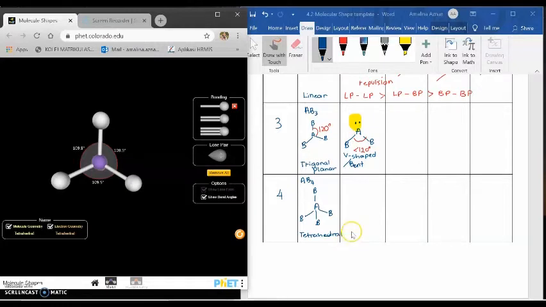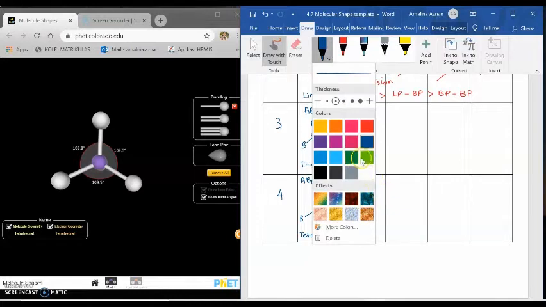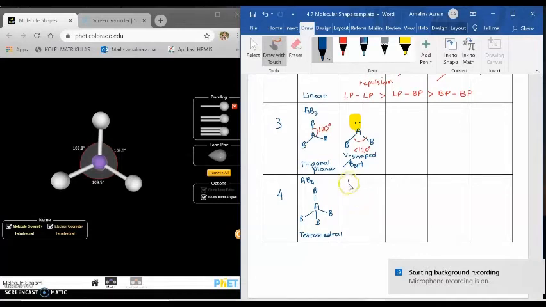When you substitute with a lone pair of electrons, you will get AB3E. E means lone pair. Sorry that I forgot to write here. It should be AB3E. E means we substitute one of the bonding pairs with this lone pair.